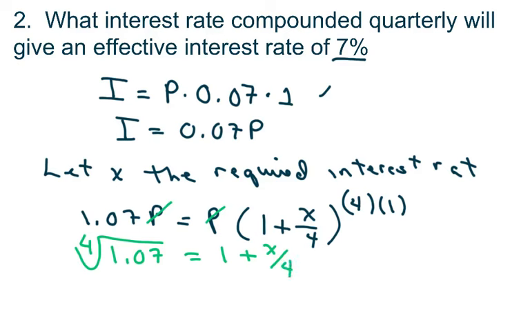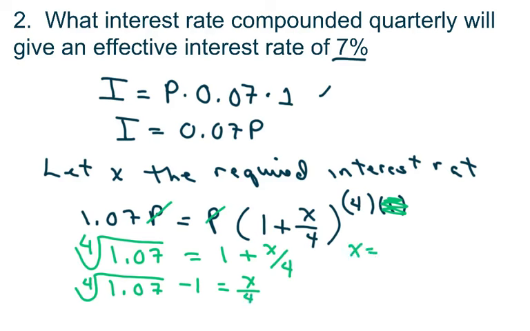I just fourth rooted. We don't really need that 1 there. Alright? And then you subtract the 1. So fourth root of 1.07 minus 1 equals x over 4. Then you multiply by 4.